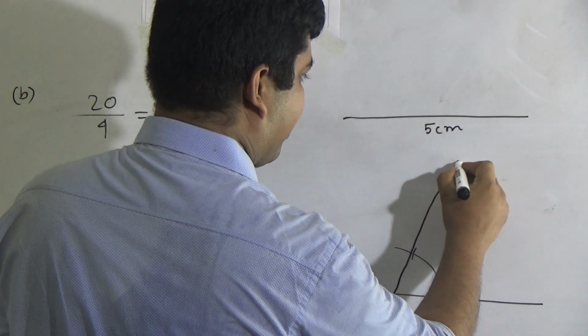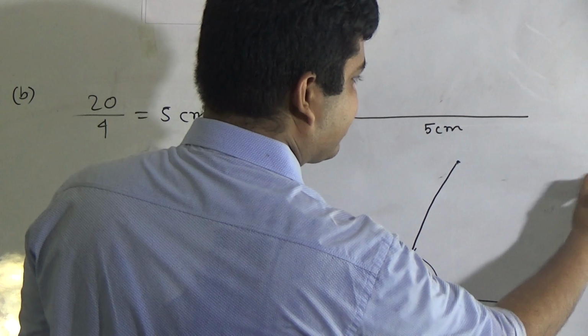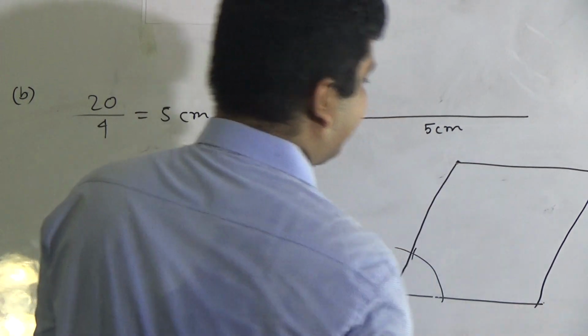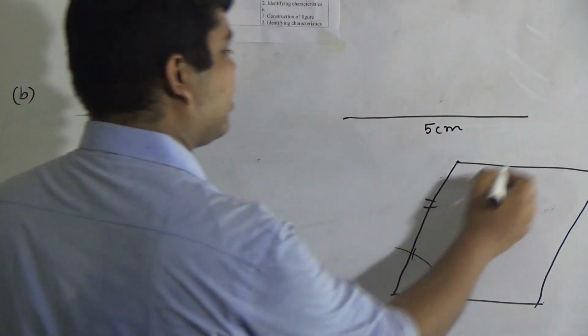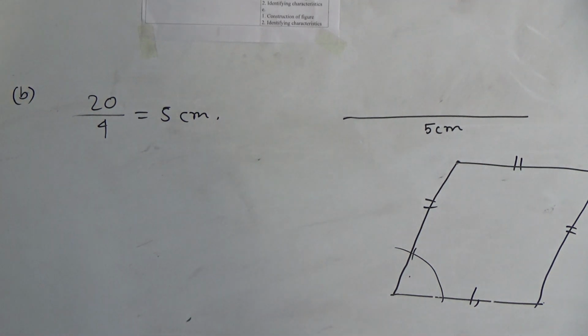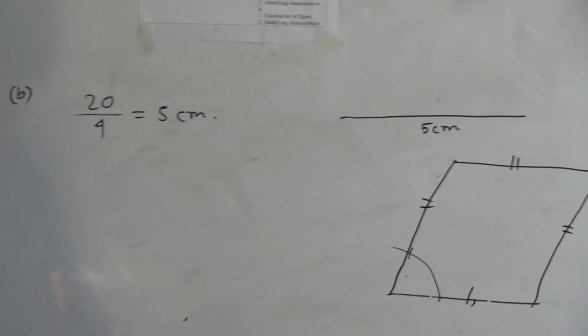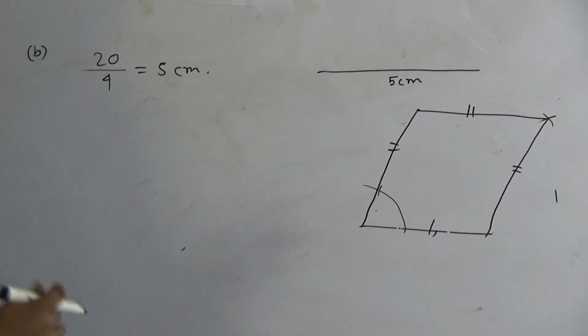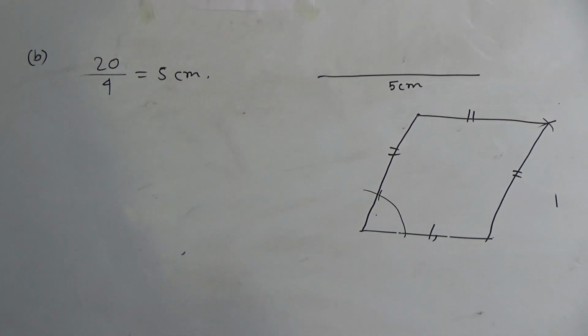Then according to this one and this one, we draw two arcs equal to 5 centimeters. Then join, and after that you get the required rhombus. All sides are equal here, and no angles are right angles. So it is the figure of a rhombus. Here I draw it freehand, but you have to draw by using compass, pencil and scale. Okay, so B number done.